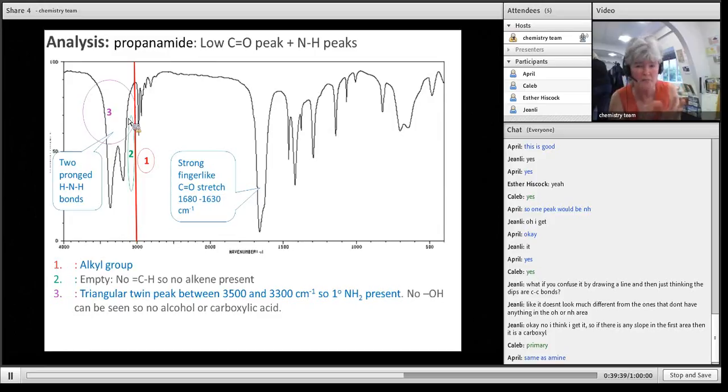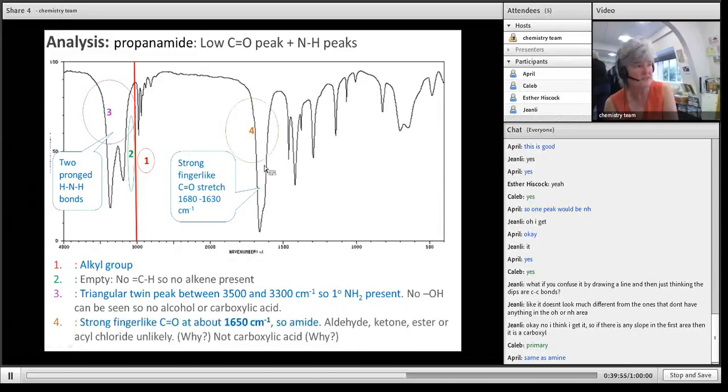Do you remember the peptide link? Those sort of things would only show one prong because it's not a primary amide. Okay, so we know it's a CONH2, and if we look in this area, it confirms it. We've got a C double bond O, so we know there's oxygen present in the molecule, and because it's such a low number, we know it'll be an amide.